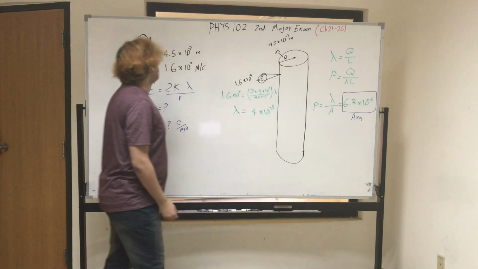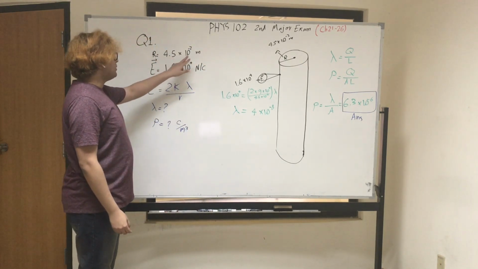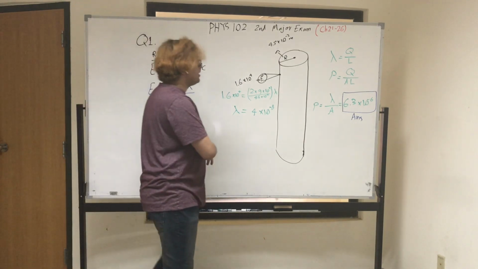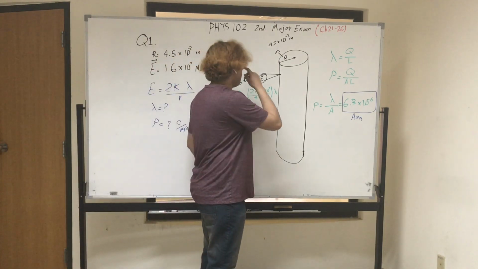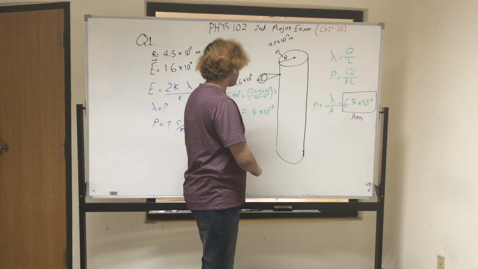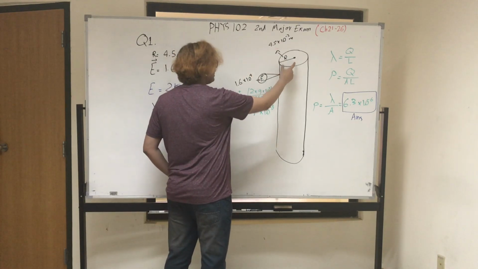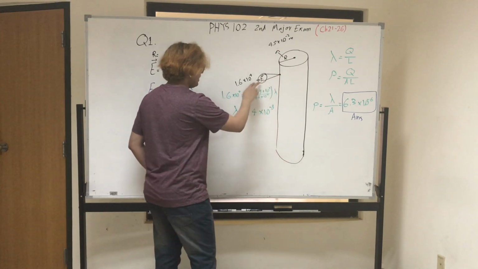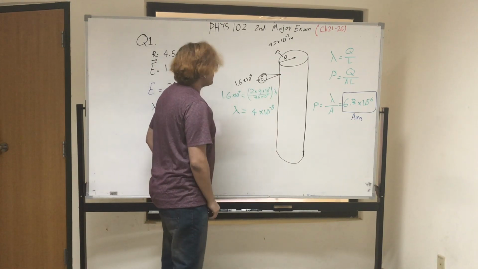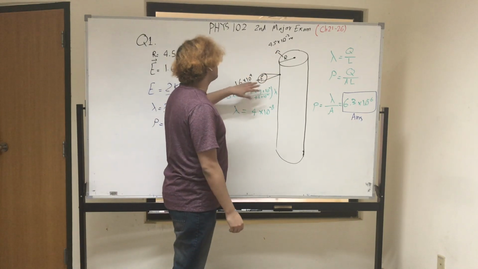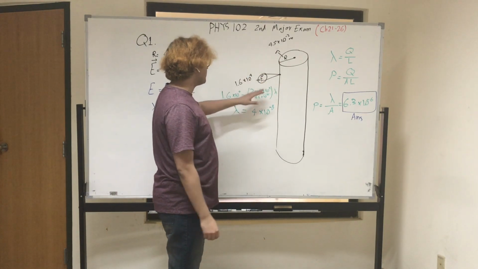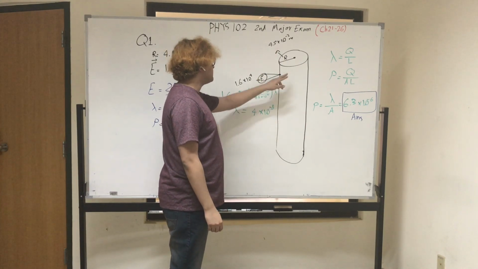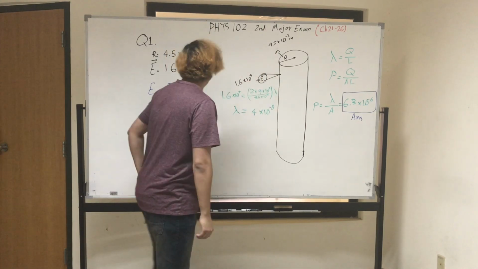We're given the radius in centimeters, but we multiply by 10 to the negative 2 to convert to SI units. We're also given the electric field at the surface of the rod, at a distance 4.5 centimeters from the center of the rod. These two are the only givens in the problem.